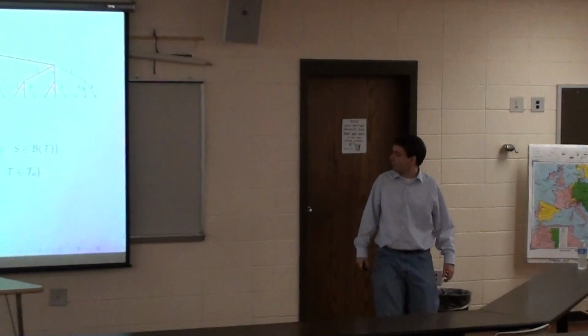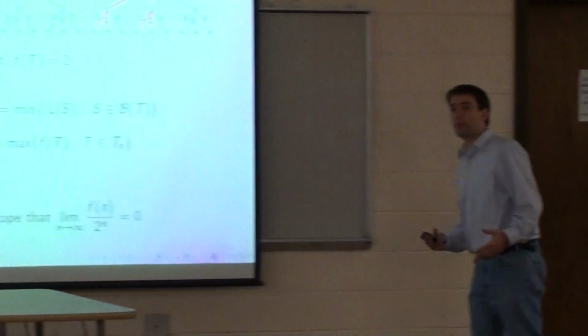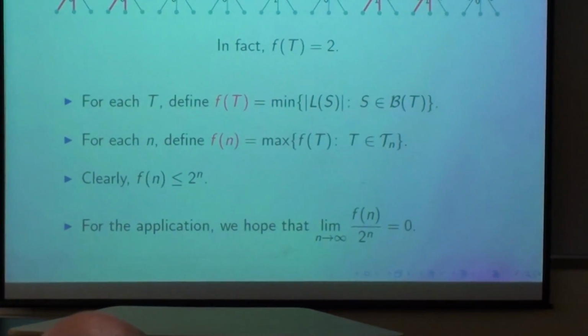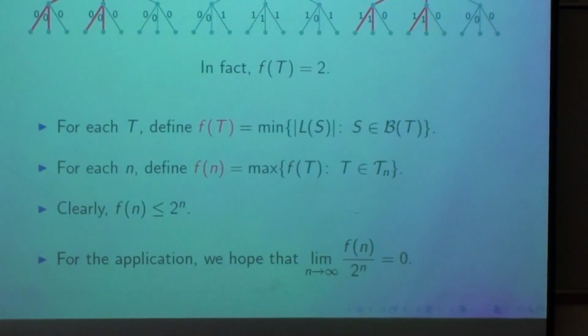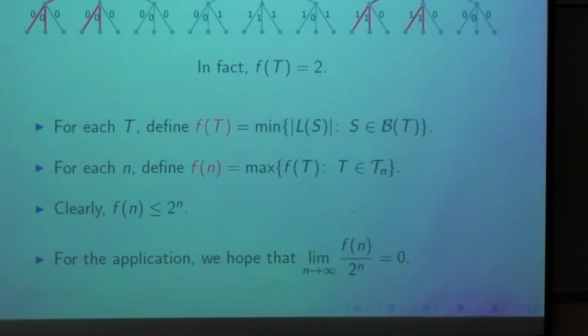And the question that we wonder about, which is particularly important in our application in computability theory, is whether or not this ratio, f of n over 2 to the n, how does this behave as n grows? As our trees have increasing depth, what can you say about the number of labels you'll be able to find in binary subtrees?